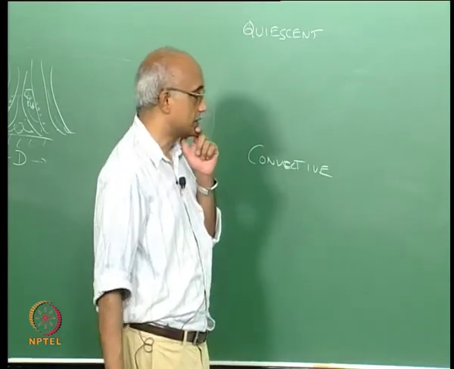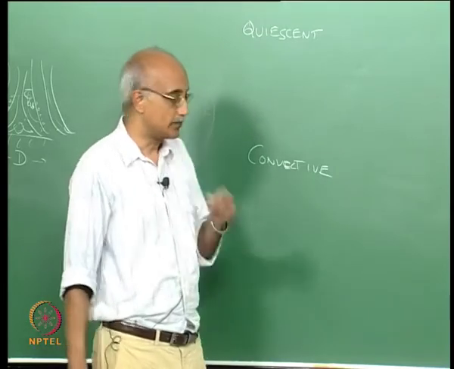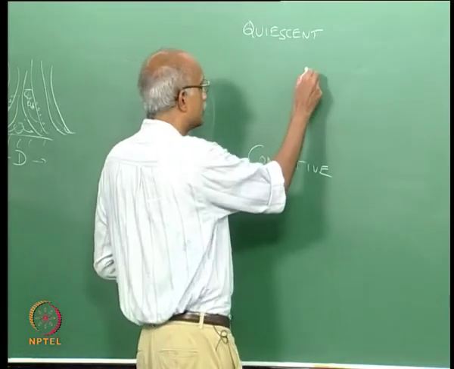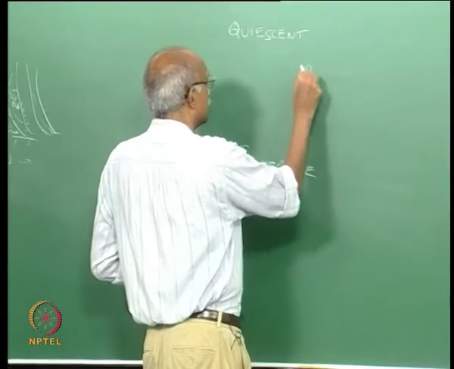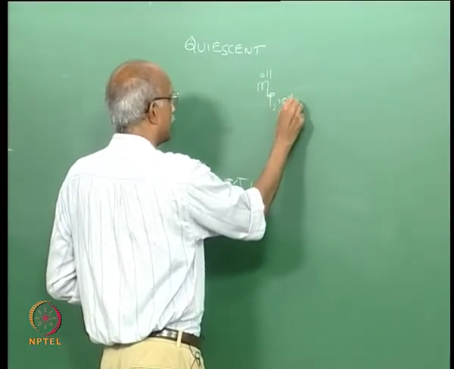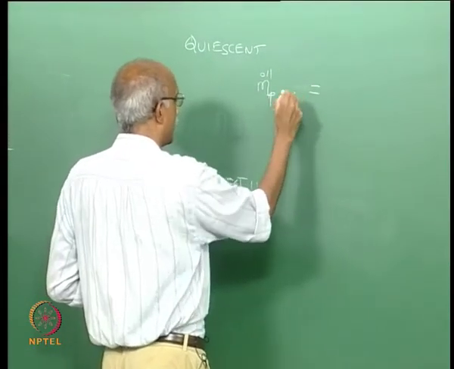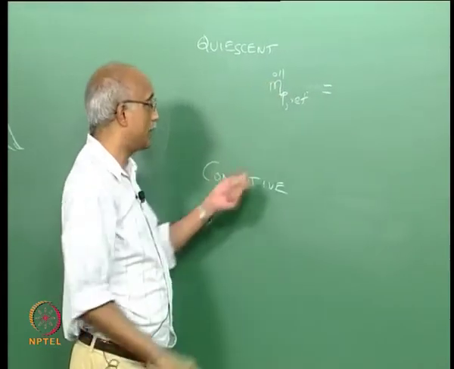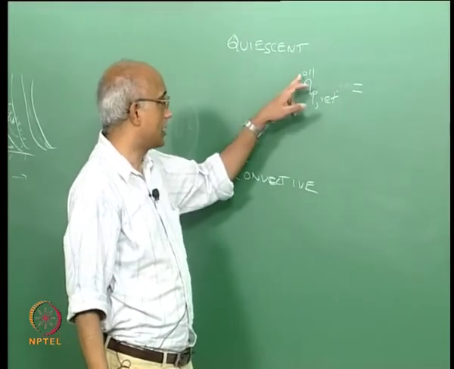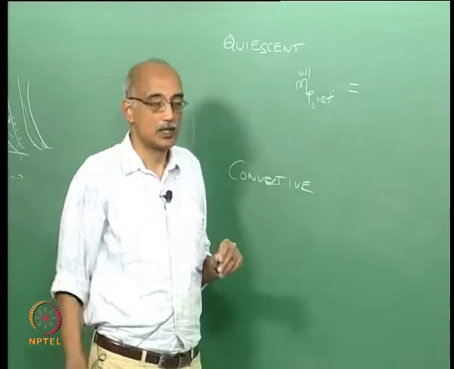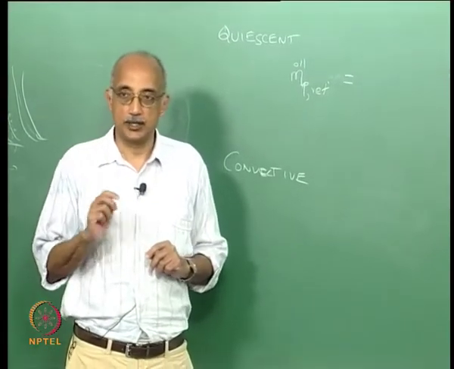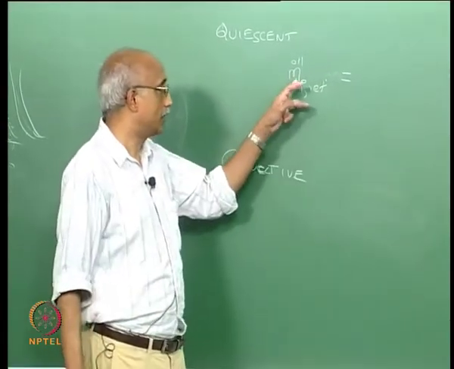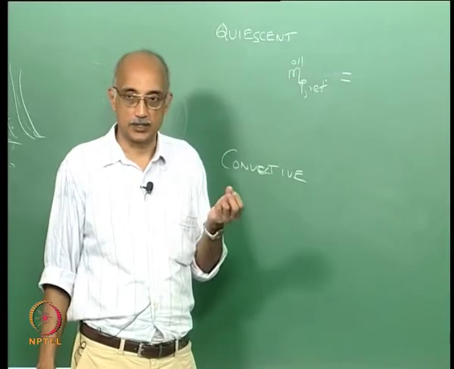Now, in the two cases, how do you define reference fluxes? So if you take M_P dot double prime reference, where again M stands for mass, P stands for particles, dot stands for per unit time, and the double prime stands for per unit area. So this is the particle mass flux reference.